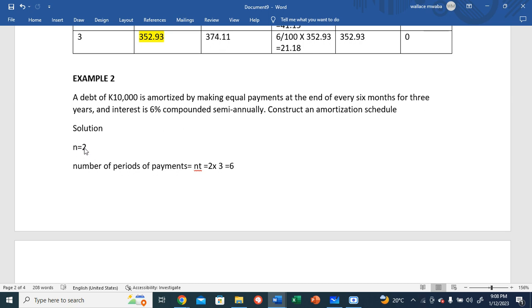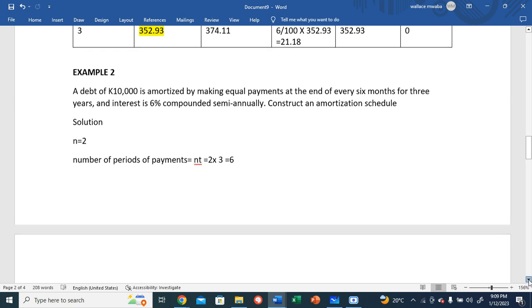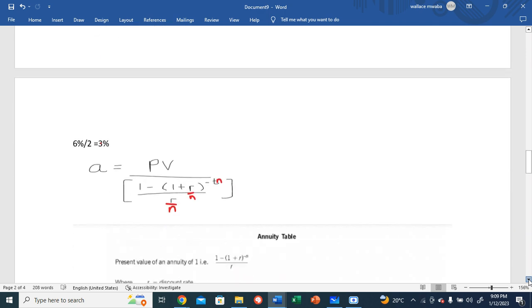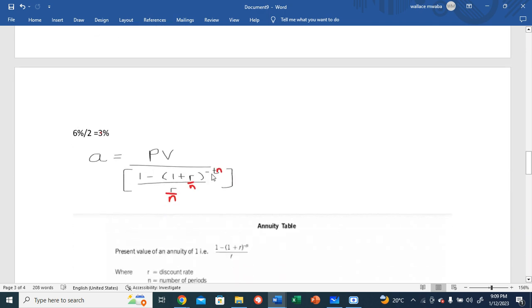Right? That's why I've brought this n equals 2. Okay. Then, as I said, remember the first step is always to find our equal payments, right? Our present value is 10,000, right? If you want, you can use this formula here, right?